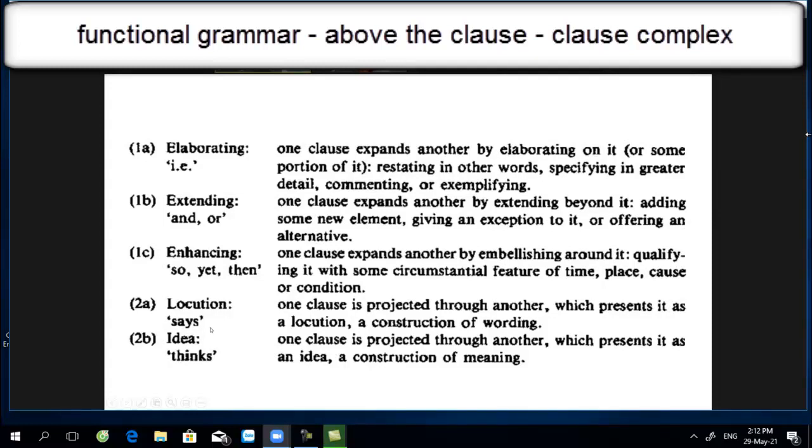When somebody says something, one clause is projected through another, which presents it as a locution, a construction of wording, like: I hate you, he said. So he said here is the locution, right? And idea, the most common word we see is think, right? So one clause is projected through another, which presents it as an idea, a construction of meaning.